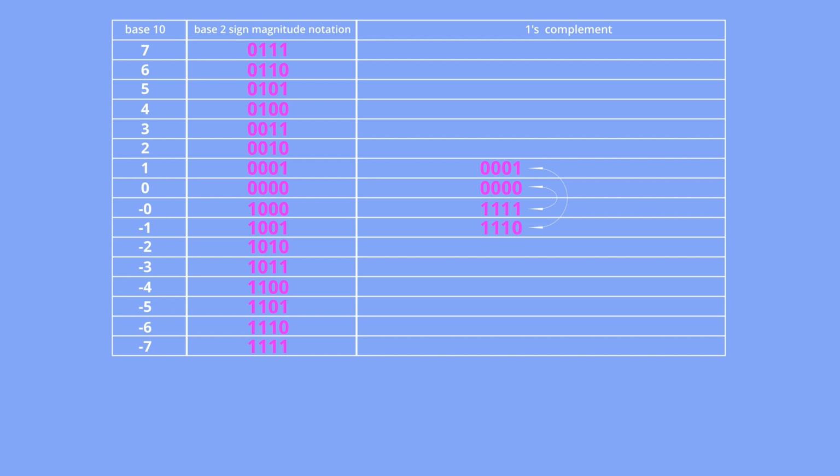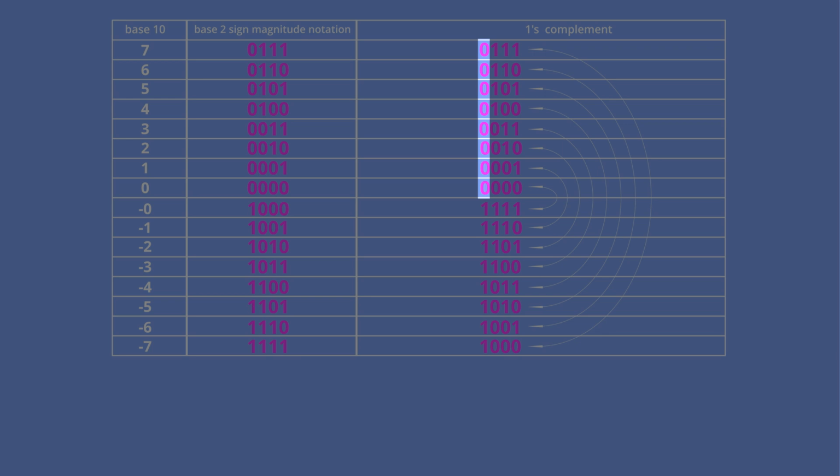Negative 1 is 1, 1, 1, 0, and so on. MSB of all positive numbers equals 0, and MSB of all negative numbers equals 1.